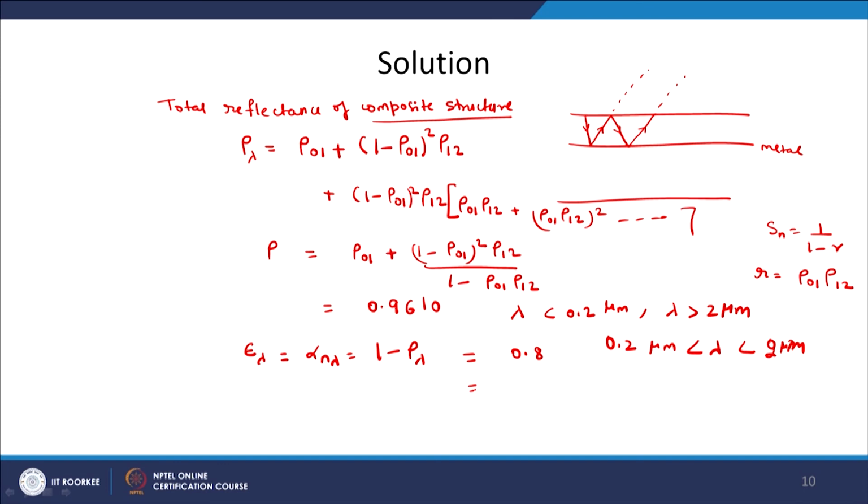And this value will be equal to 0.039, that is 1 minus 0.961, for lambda less than 0.2 micrometer and lambda greater than 2 micrometer. So, this is the value of emittance we have found, and the same thing holds for the absorptance.